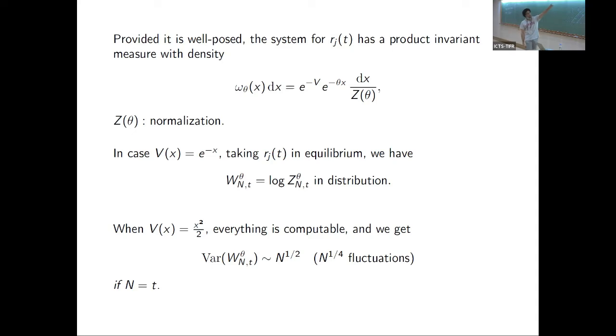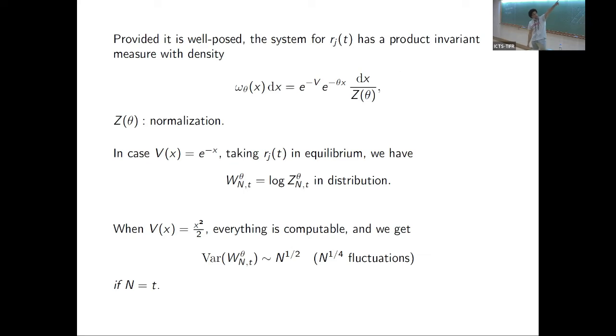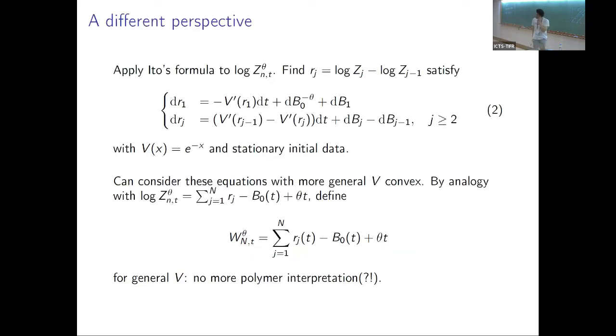So if I choose V equal to e to the minus x, and I take the R_js to satisfy this SDE, and the initial data to be this density, then I actually get an object defined in terms of SDEs that reproduces the stationary polymer partition function. But we could do this for general V as long as we're able to solve the equations. And this is not completely trivial, because if you look back at the equations, they involve the derivative of V, but V is e to the minus x.